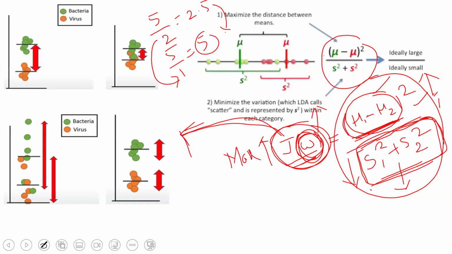So that is your goal, and you also have got the objective function now. Now you just have to solve this objective function. How do you solve it? You have to take the derivative of this objective function and equate that to 0. Once you equate that to 0, you will get a w value, and that w value will give you the direction which effectively separates the categories in the data set.